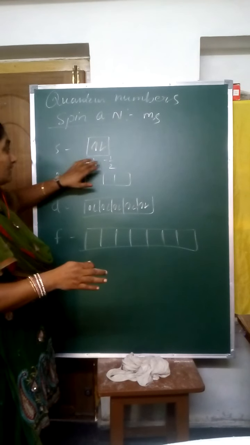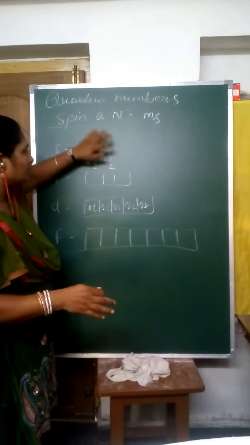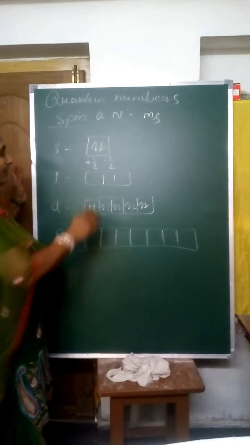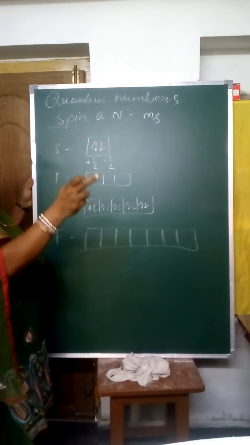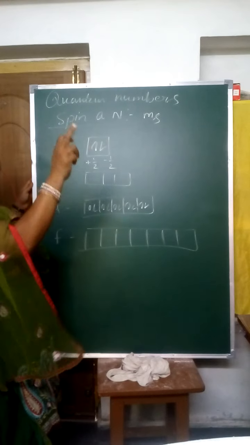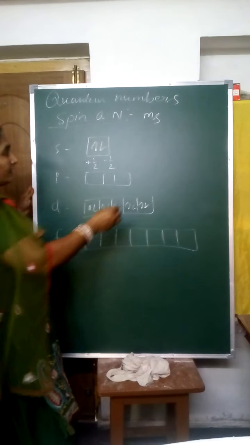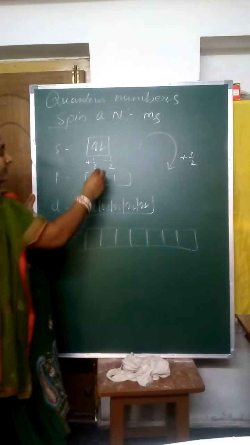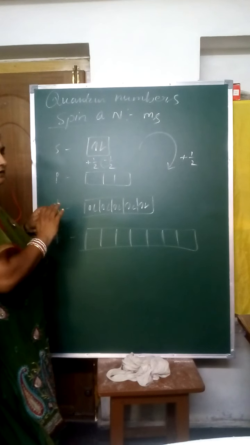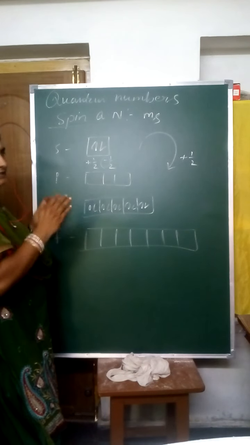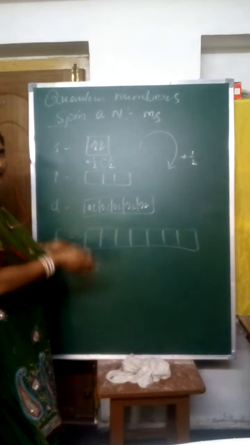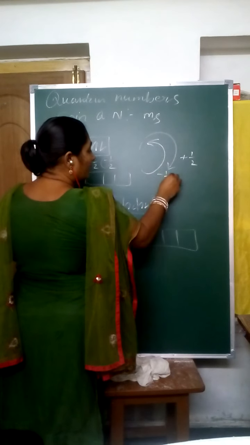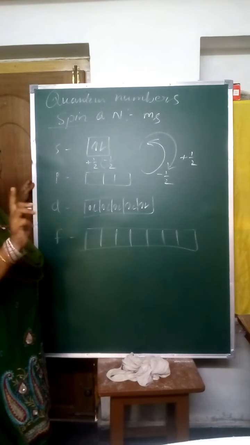Because these 2 electrons are in one orbital only, that's why we take it like that. The plus indicates that the electron is moving in a clockwise direction, like a clock revolving. That shows plus half. The minus indicates the other electron; the energy is equal, it is also an electron, only the direction changes. The other one is revolving anti-clockwise, that is minus half.